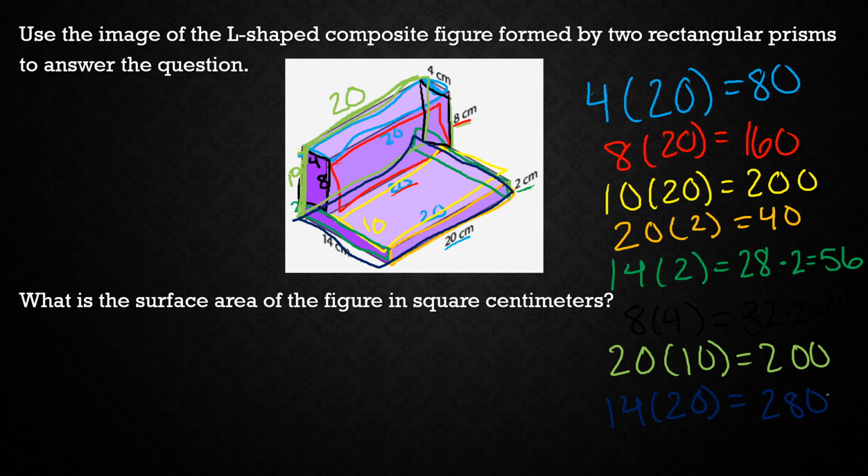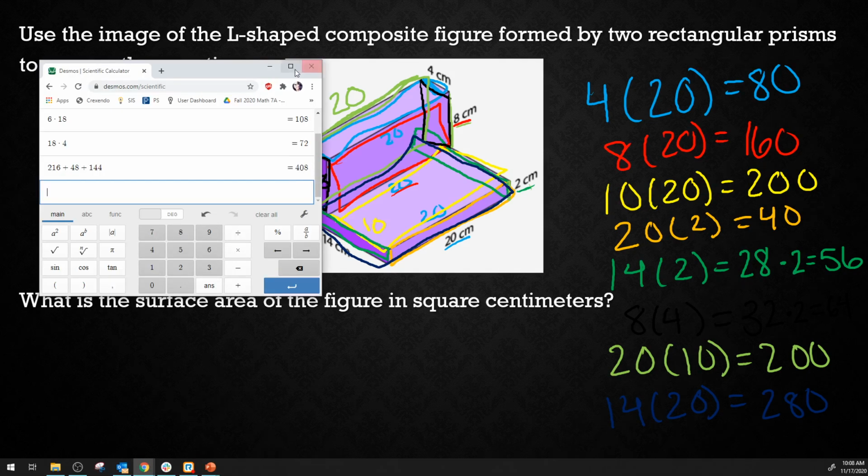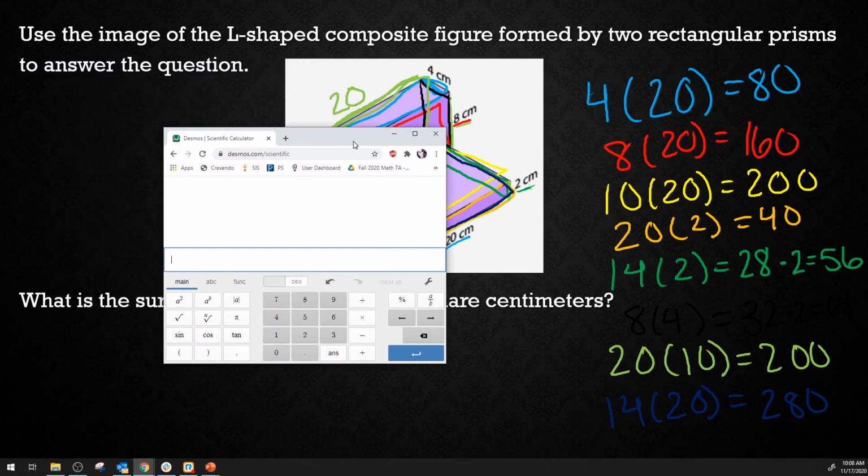Now the last step is taking all of these different areas that we found and adding them all together. So let's pop these into a calculator and add them all together. Starting from the top, that blue 80, and going down, I have 80 plus 160 plus 200 plus 40 plus 56 plus 64 plus 200 plus 280.